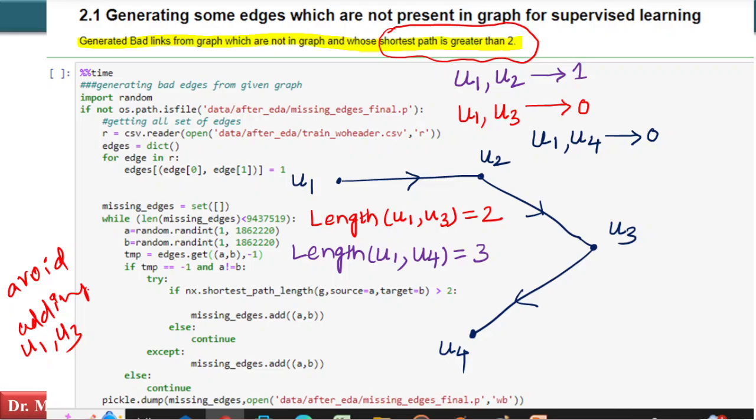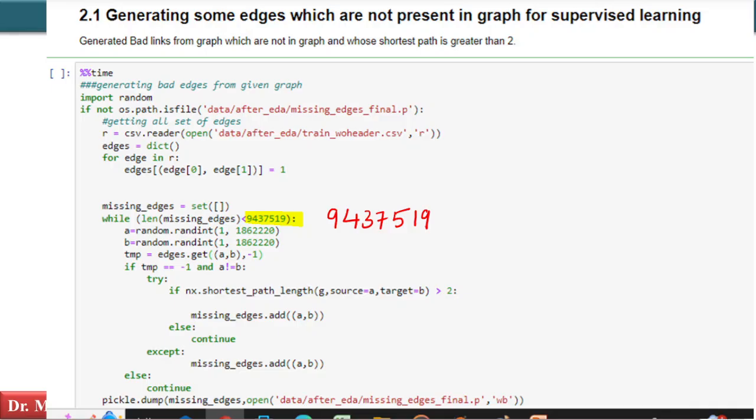So let me explain these steps so that it will be clearer for you. We are going to create the same number of 0 labeled pairs of vertices as 1 labeled pairs of vertices that we have.